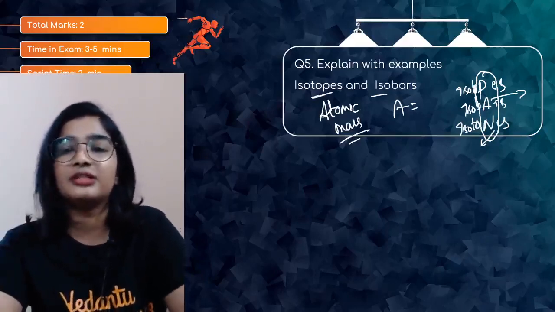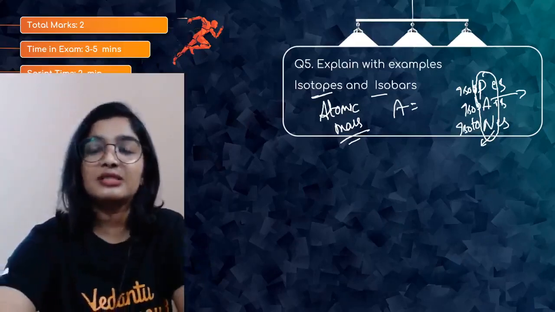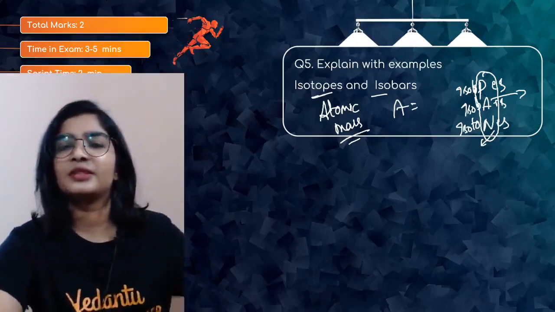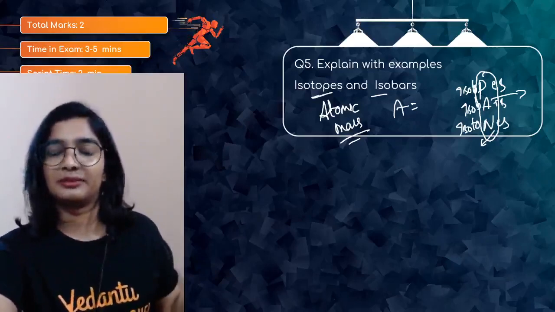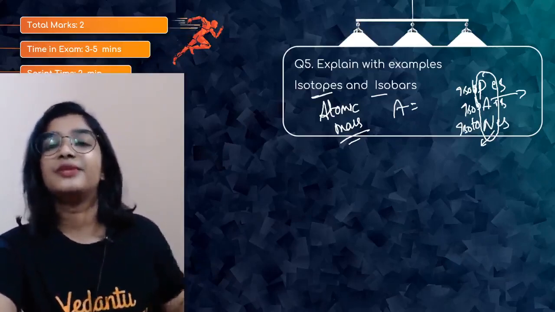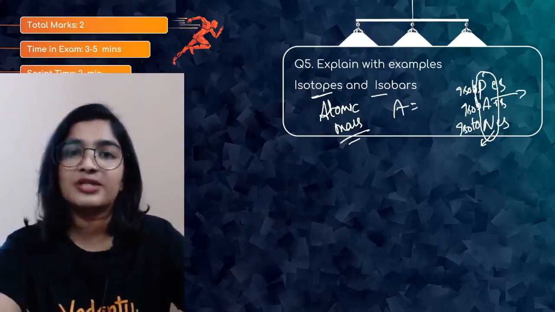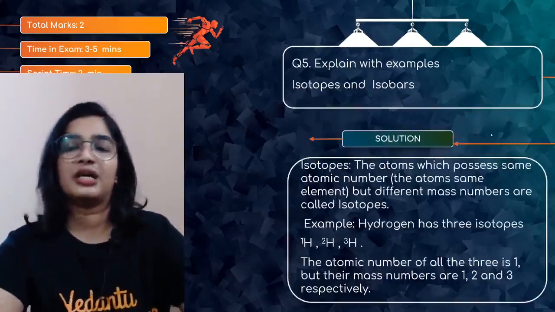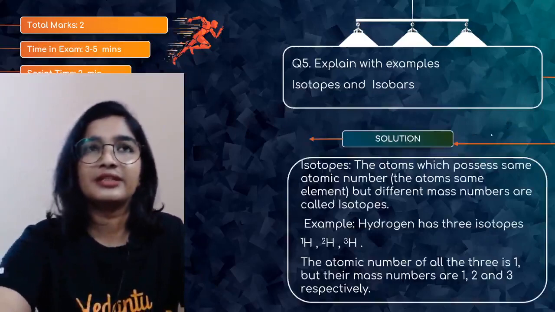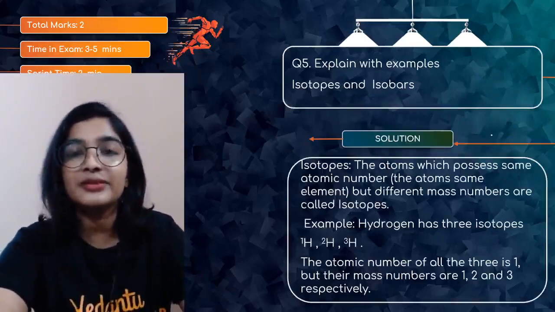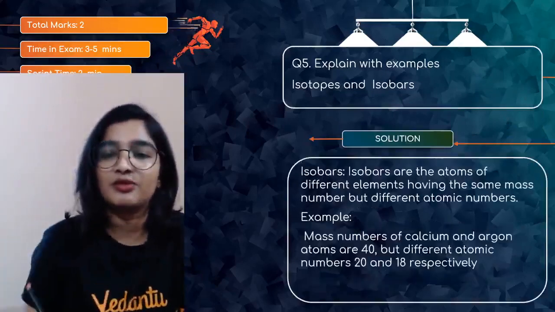It is 35 and 37. And in the case of isobars, the atoms with different atomic numbers belonging to different elements but having the same mass number are called isobars. For example, we have calcium and argon, where the atomic numbers are different but the mass number is 40.